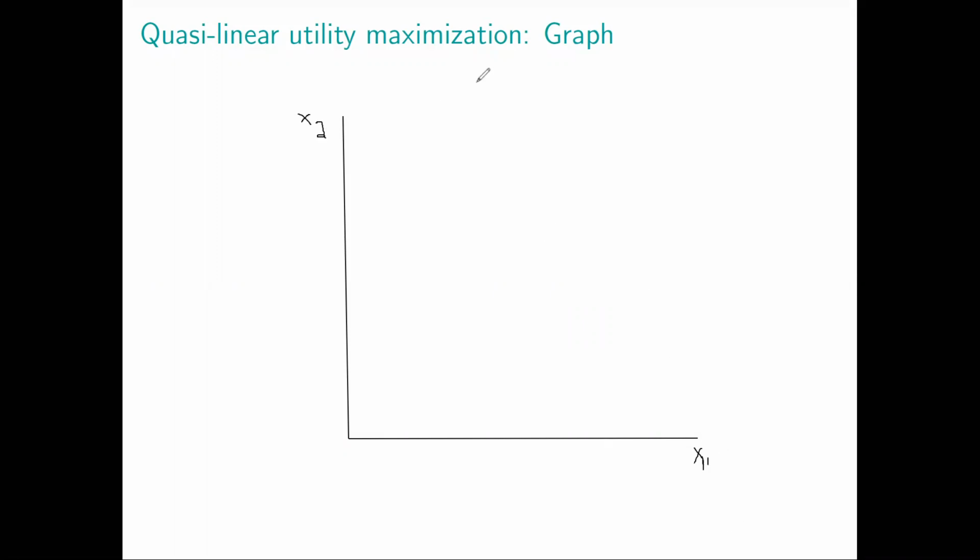And again, we'll put our budget constraint here in orange. And here we have M over P2 and M over P1.